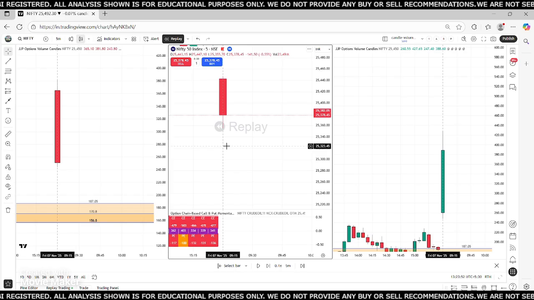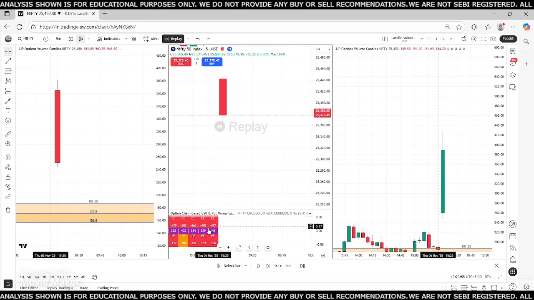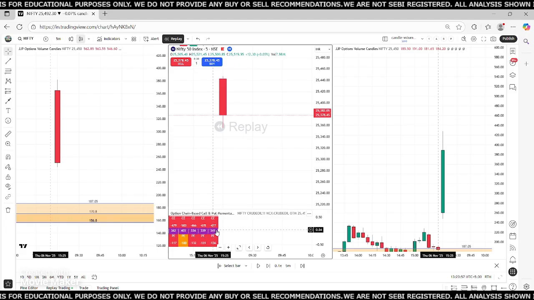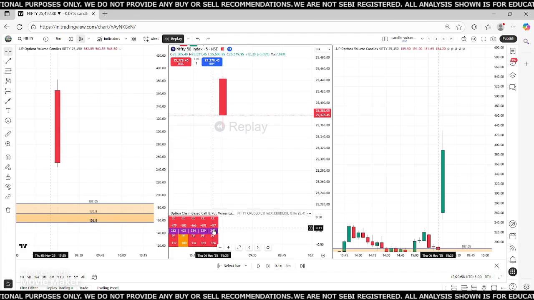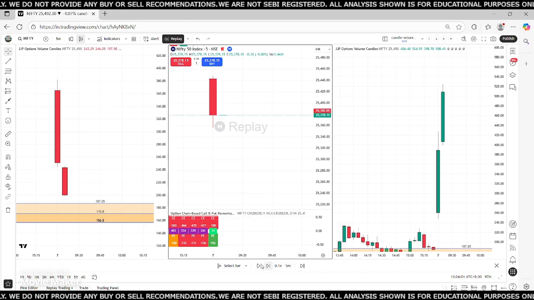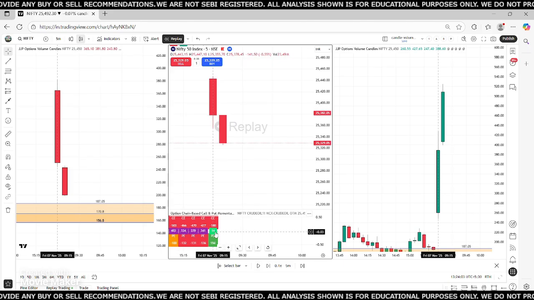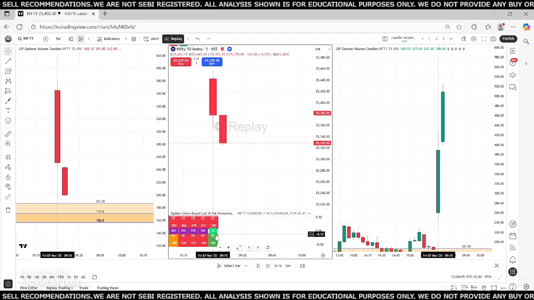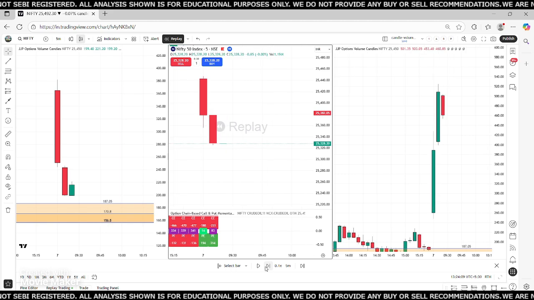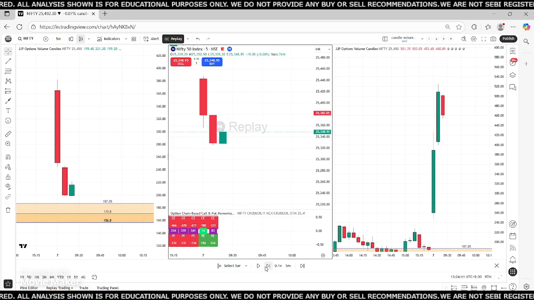So we need to wait for the color of the middle box to change. In the next candle, the color of the middle has changed, but the value is 14. So there is no confirmation, you need to wait, and there is no zone till now.